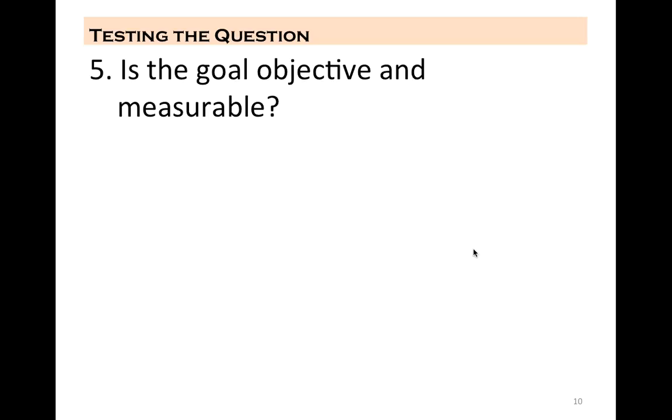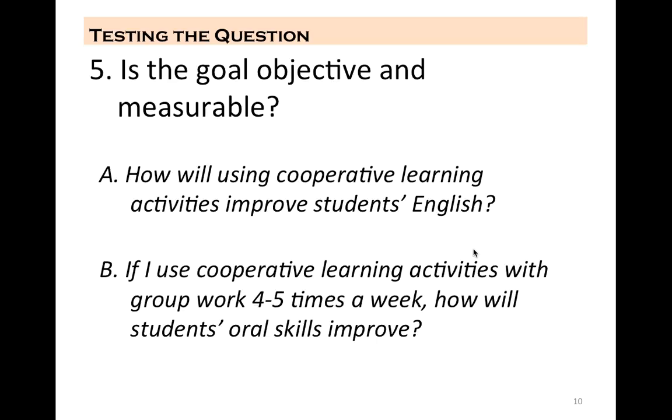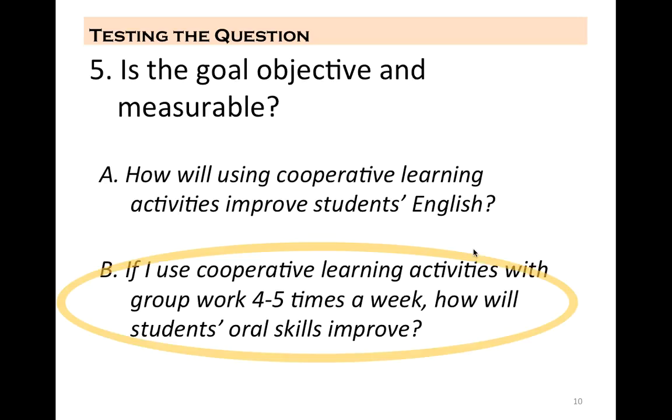Number 5, is the goal objective and measurable? Answer B is correct. If I use cooperative learning activities with group work 4 to 5 times a week, how will students' oral skills improve? That question is both objective and measurable. We can measure the improvement and progress in the classroom.